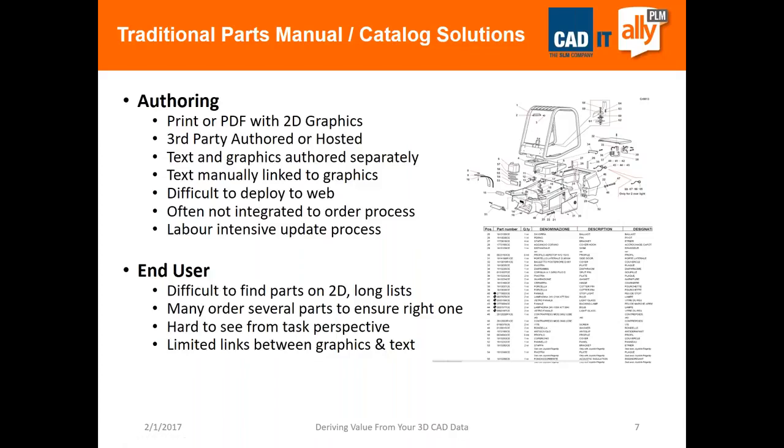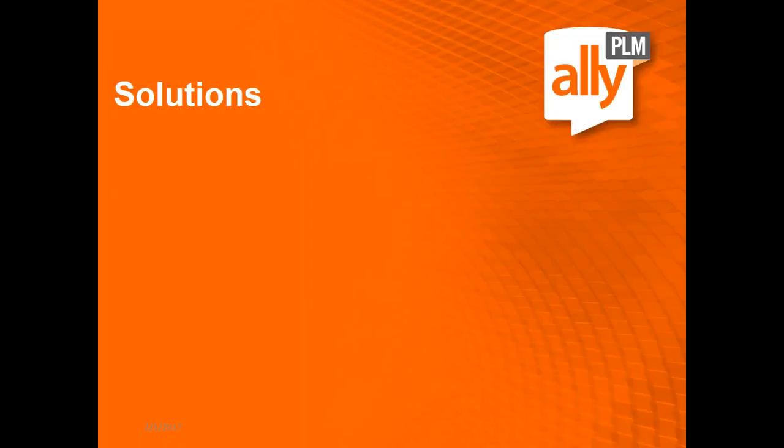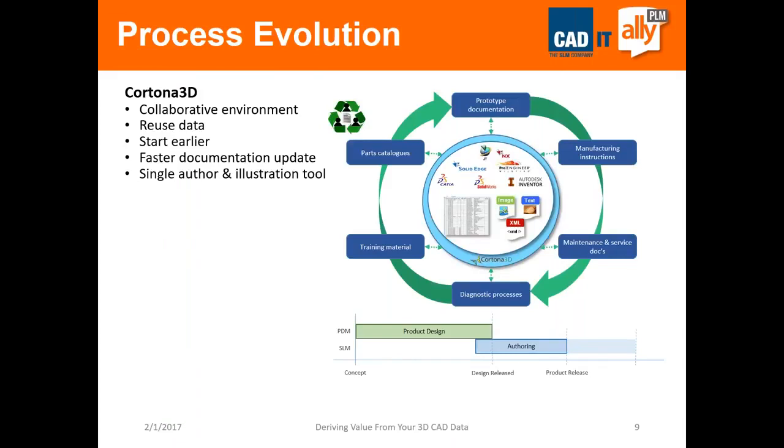So what we want to do is talk about some of the solutions that we have available and introduce the Cortona 3D product range to you. Cortona 3D is a suite of tools that will work with most 3D CAD data that's available. It will read in things like JT, Solid Edge files, NX files, and most other CAD formats out there. In addition, we can read in other information that you may have.